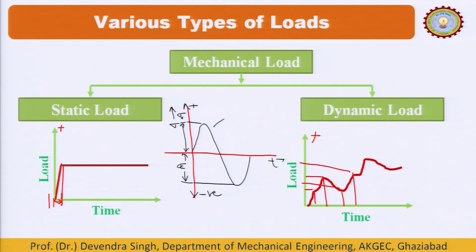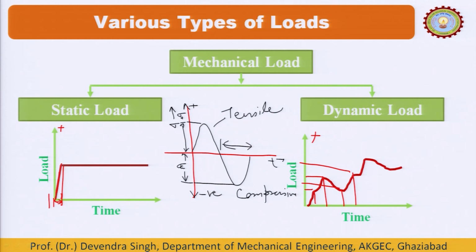This is tensile in nature, and for this duration it will be compressive in nature. So, this is also considered a dynamic load. I think it is clear what is a static load and what is a dynamic load.